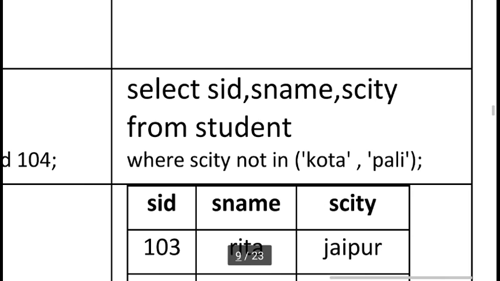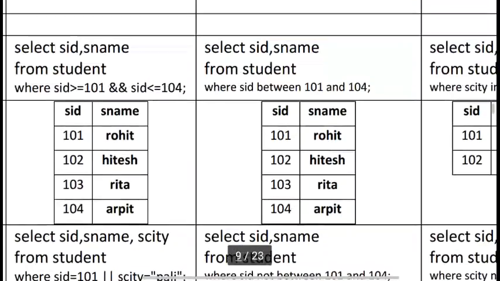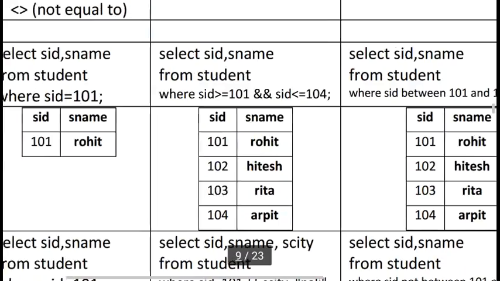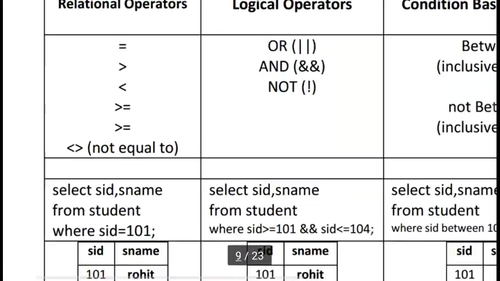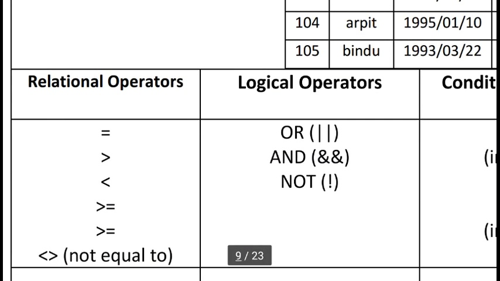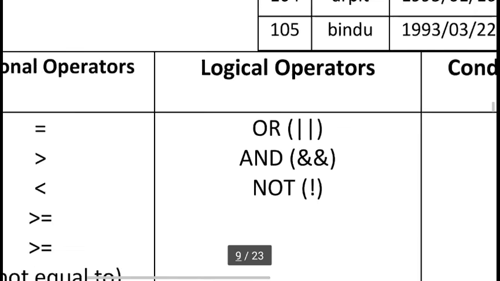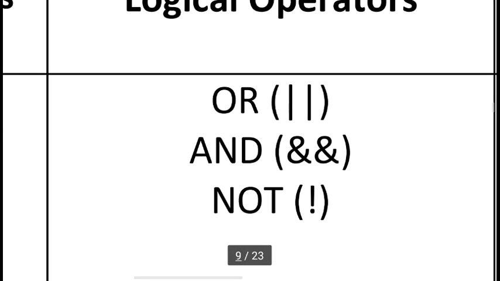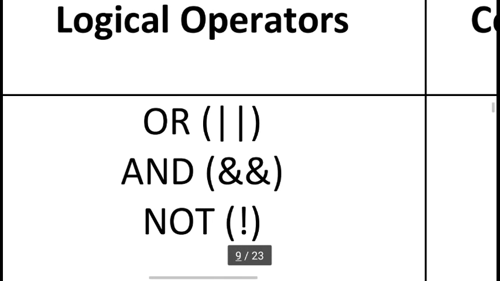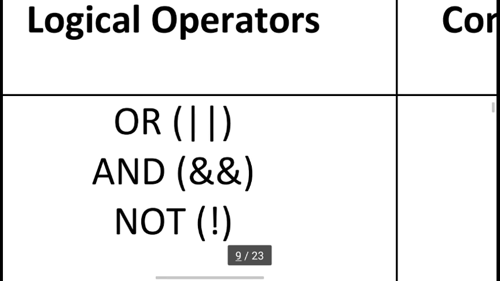Okay, so you can see in the WHERE clause we can see the selected rows. There are several ways we can use relational operators: matching, non-matching, less than, greater than. We can also combine these relational conditions, joining multiple conditions. The OR operator is always used for an either-or optional thing, the AND operator is always used for a range or when a condition is a must, and NOT reverses the result.